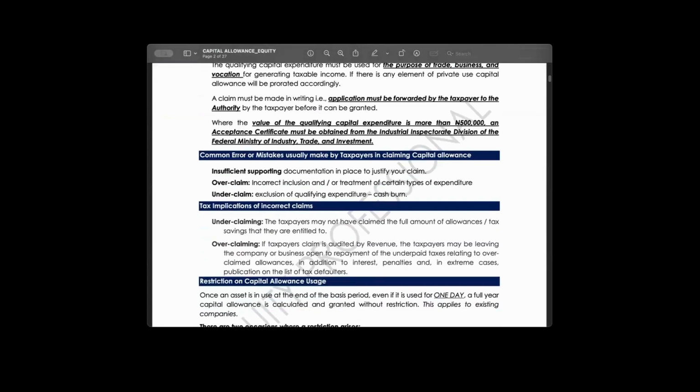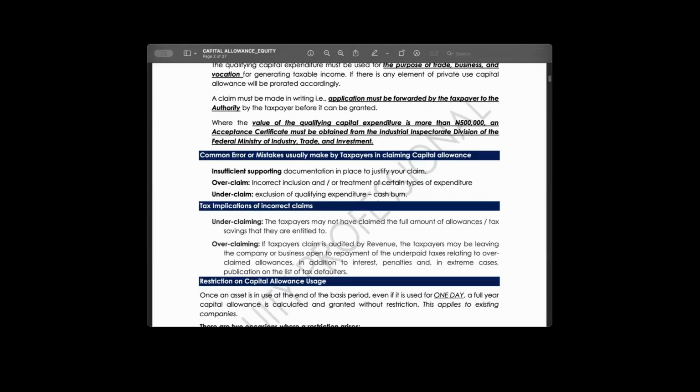Okay, common errors or mistakes usually made by taxpayers in claiming capital allowance. Most of the time, taxpayers do not have sufficient information on the treatment of certain types of expenditure as capital expenditure.